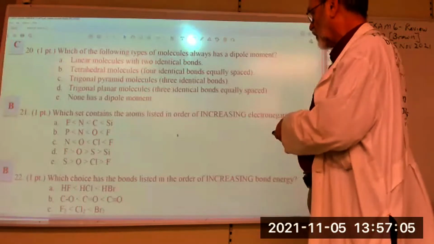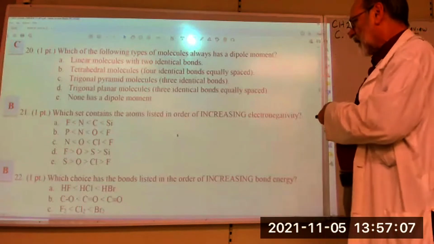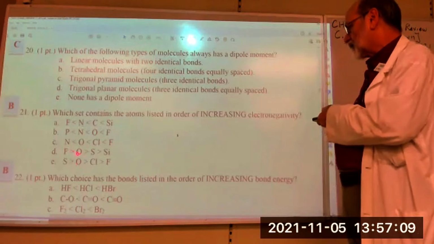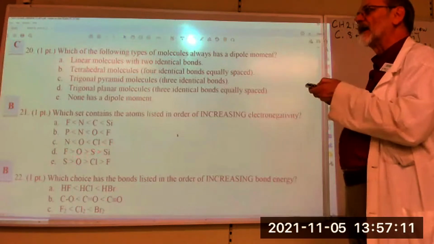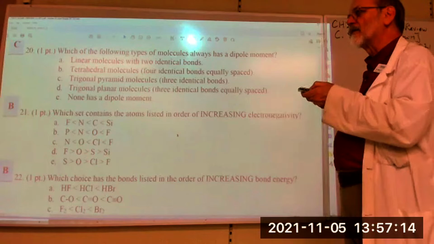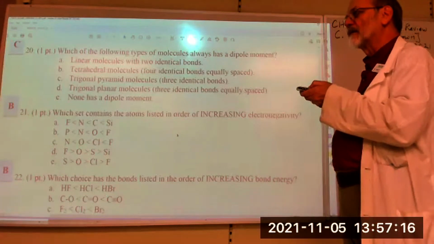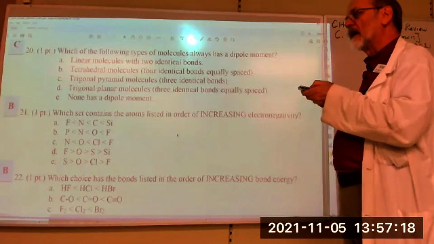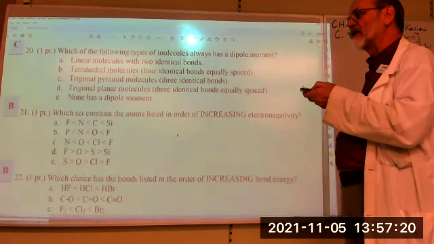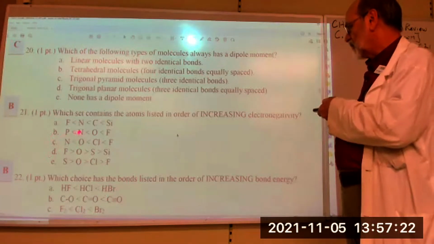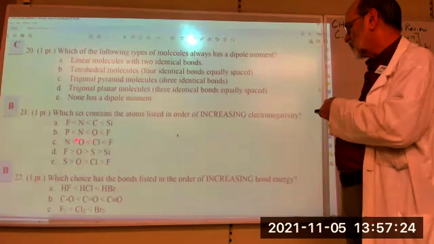Now we need to look at the ordering. Oxygen, sulfur, silicon. Okay. Oxygen, sulfur, silicon. That could be. Yeah. Decreasing from here to here to here to here. Oxygen, sulfur, silicon.